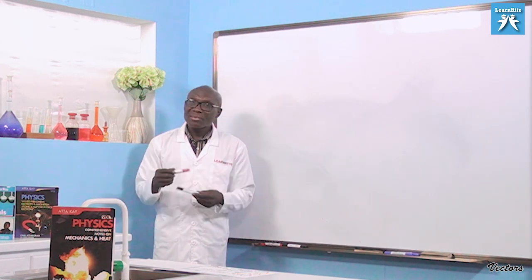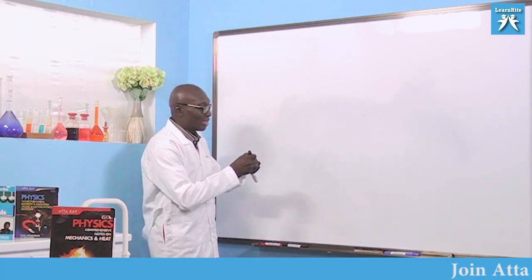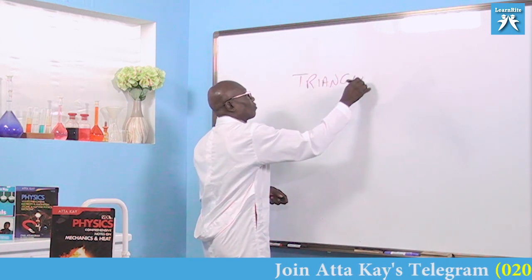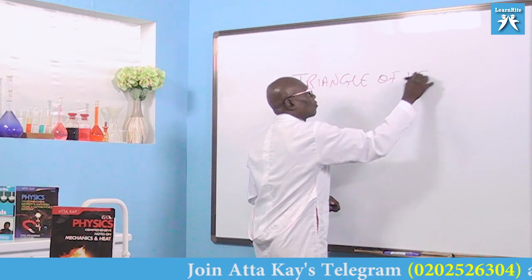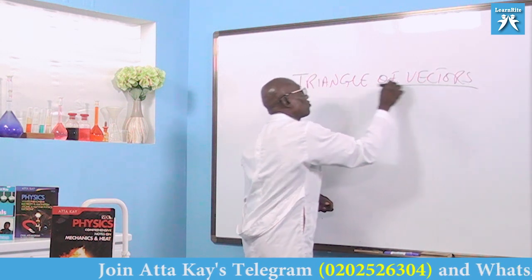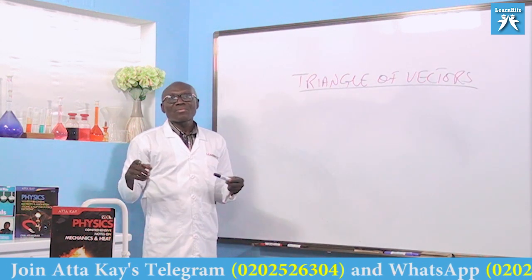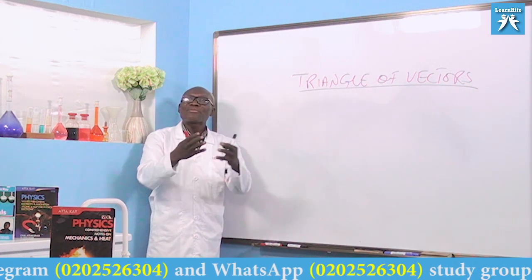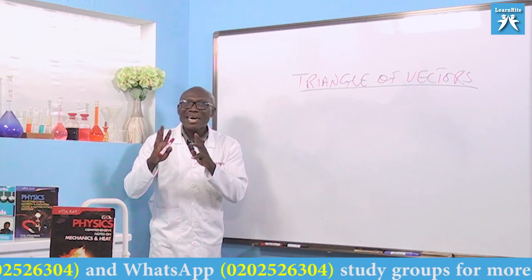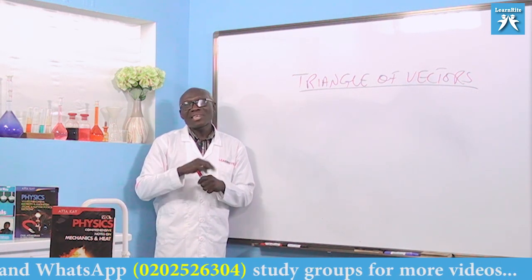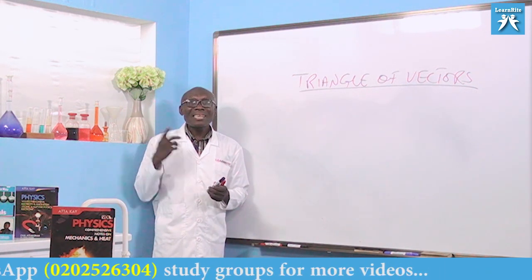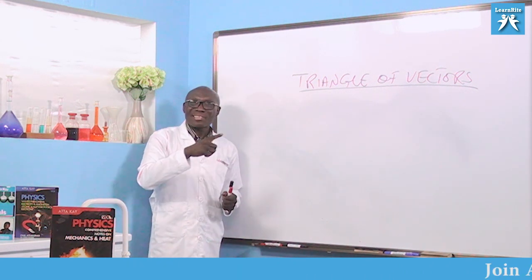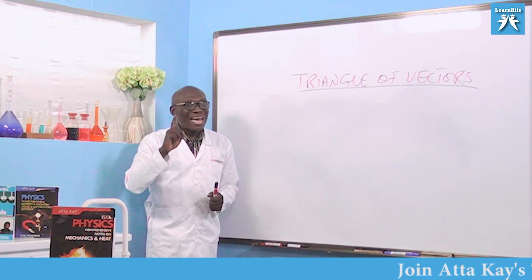So we are still on triangle of vectors. And we looked at the steps to take. I just want to recap what we did in our previous lesson. Then we can state triangle of vectors to your understanding.